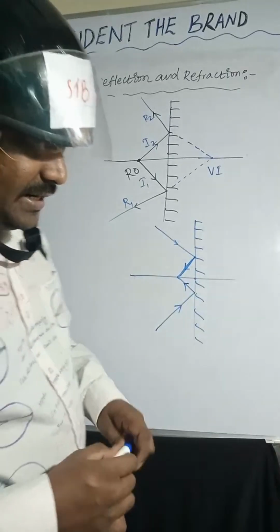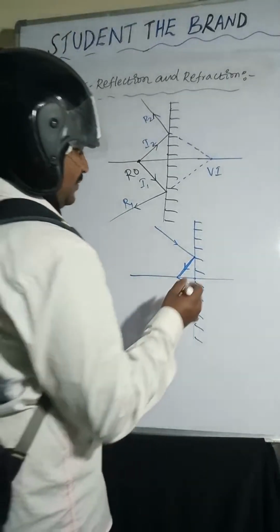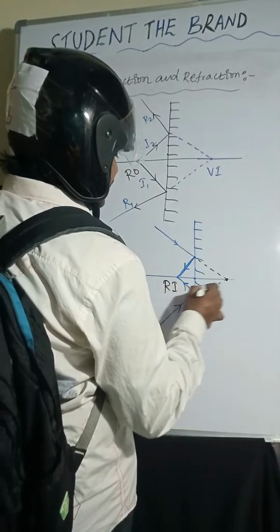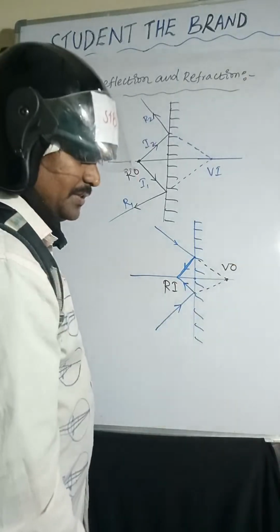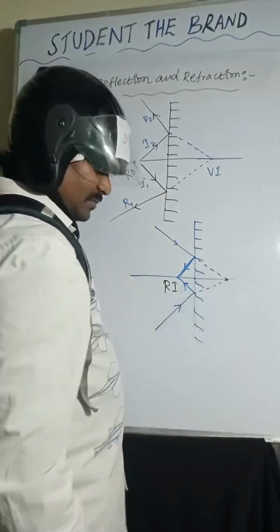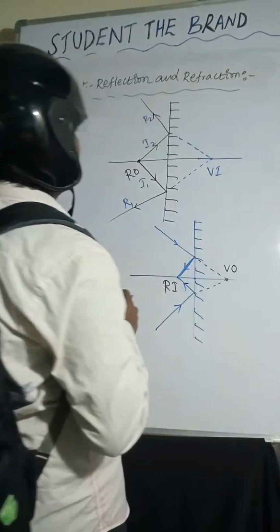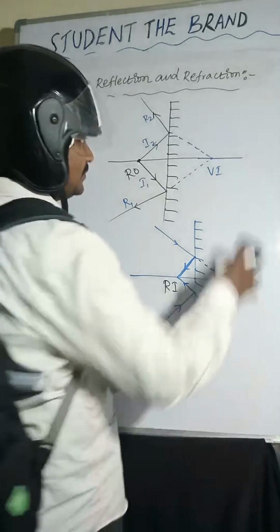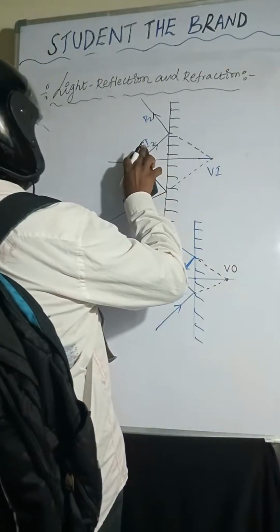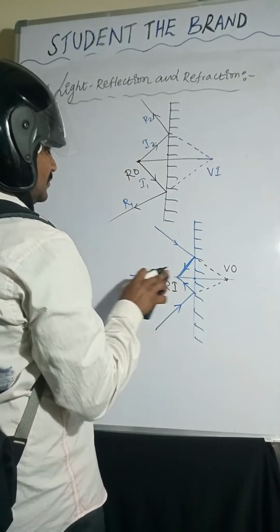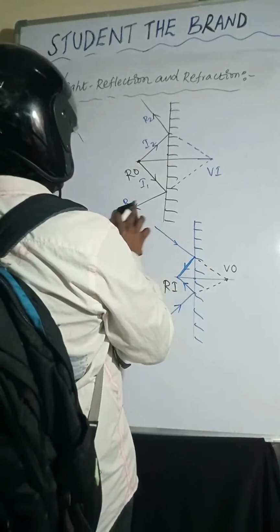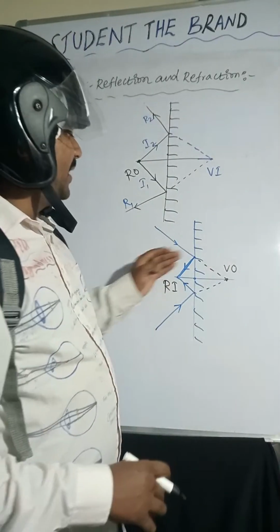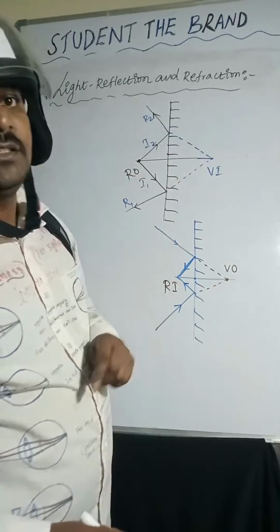If you extend the incident light rays here, so this is the real image and virtual object. Real image and virtual object.